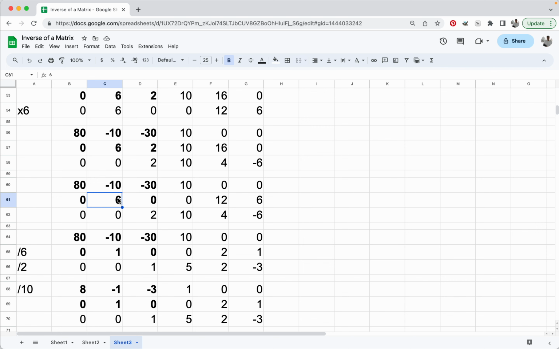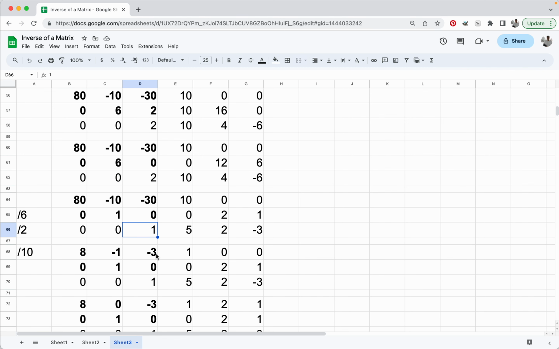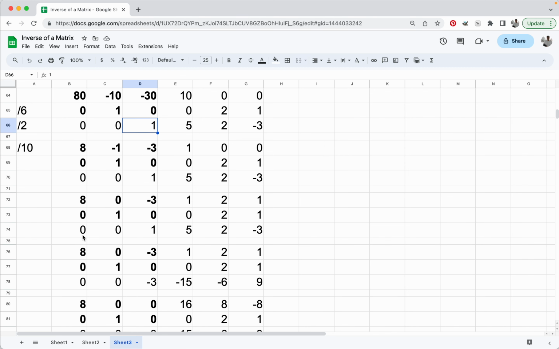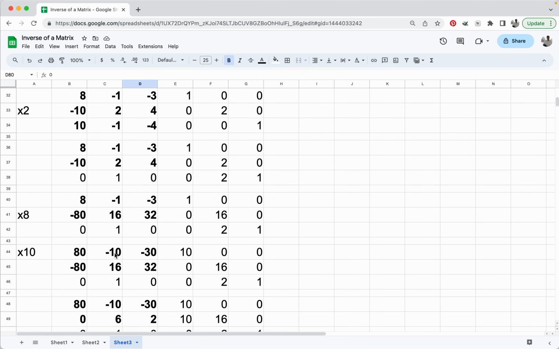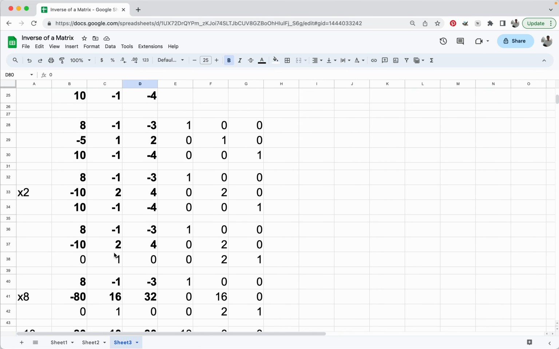Alright, I'll make this 1, divide by 6, so this also divide by 2, this divide by 10, so I simplified. Next I need to make this one become 0, so 0. Next this one I need to make 0, so made 0. Next divide by 8, so that this will become 1. So I'll re-summarize. First focus on this number, attack this number, make it 0.